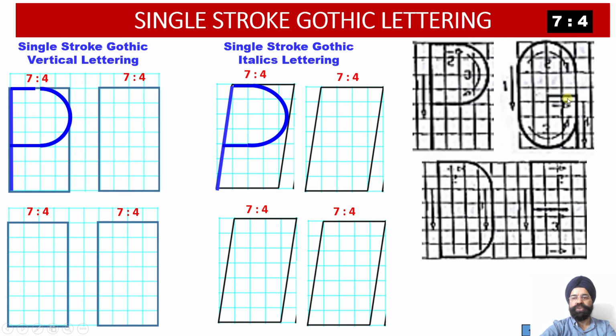Similarly, if you have to write G, G is similar to C. Upper cup 2, lower cup is 2. You join this vertical. This is the third stroke. The fourth stroke is vertical over here, and the fifth stroke is going to complete your G. This is your fourth stroke, and the fifth stroke will be the horizontal one.